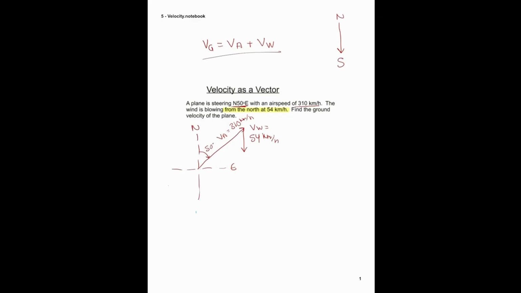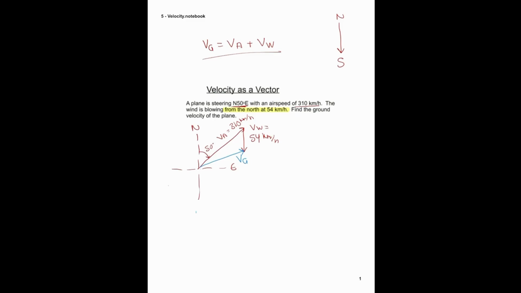Now remember, the ground speed, which is what we're being asked to find, is going to be the resultant of these two vectors, the velocity of the airplane relative to the air and the velocity of the wind as it's affecting the airplane. So if we add in our resultant vector, this will be the velocity of the aircraft relative to the ground. This is just a triangle problem.